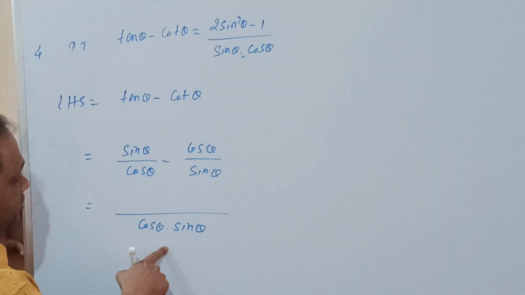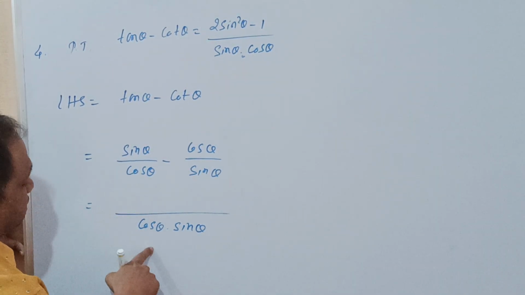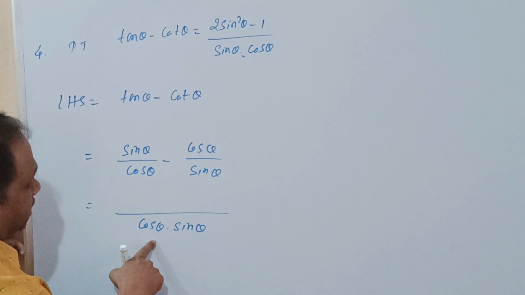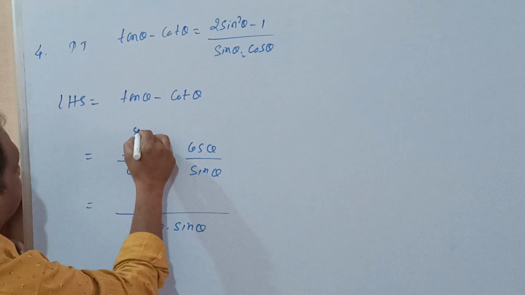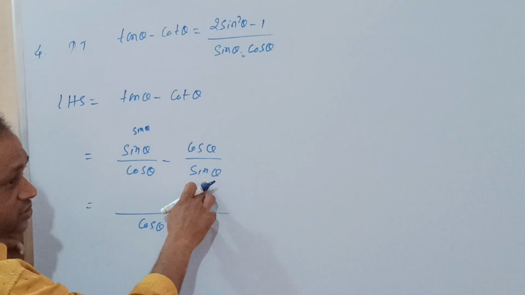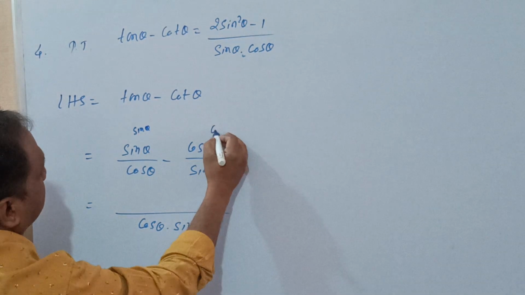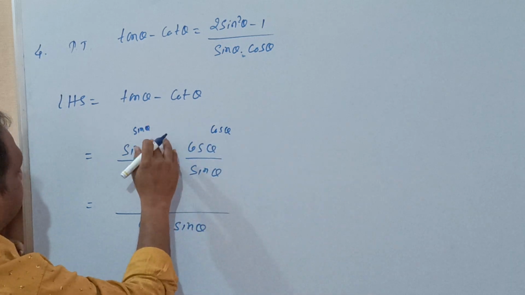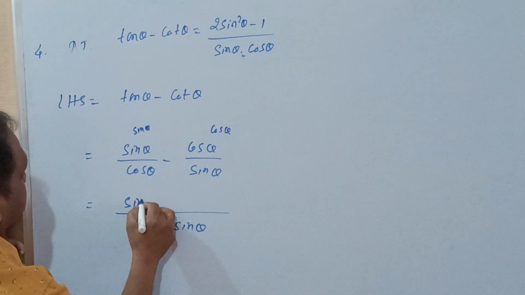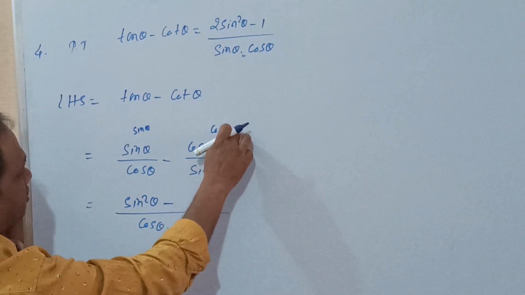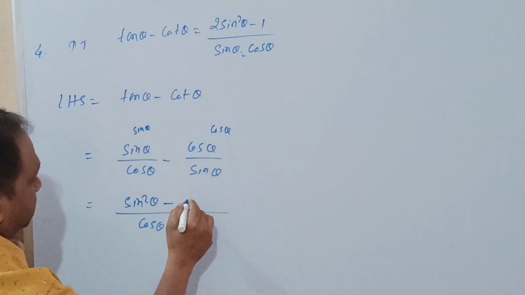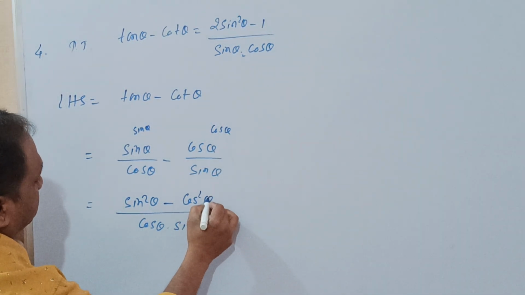If you divide this LCM by cos theta, here cos theta gets cancelled, sin theta will remain here. And here also, if you divide by the LCM, sin theta gets cancelled, cos theta comes, sin theta into sin theta becomes sin square theta minus cos theta into cos theta becomes cos square theta.